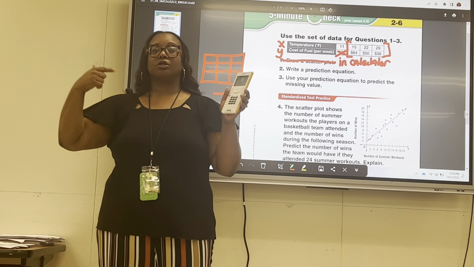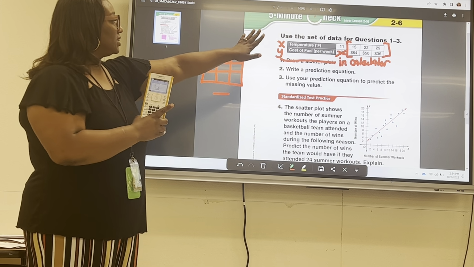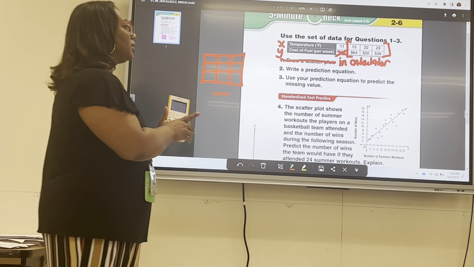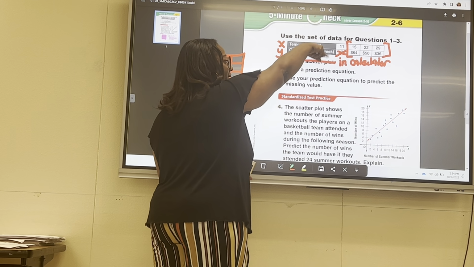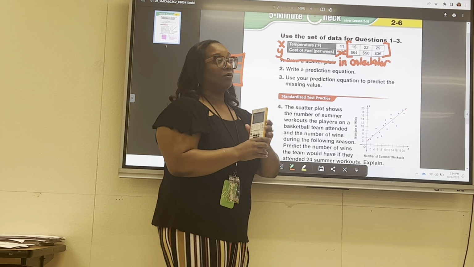Now we're going to actually go through the process to figure out what equation would be the best fit for this data. Do not worry that we didn't need this. All we needed was 2 points. 1, 2 was enough. But we actually have 3.